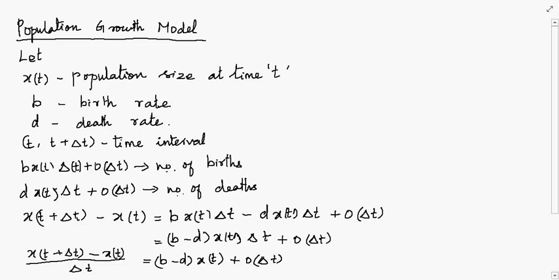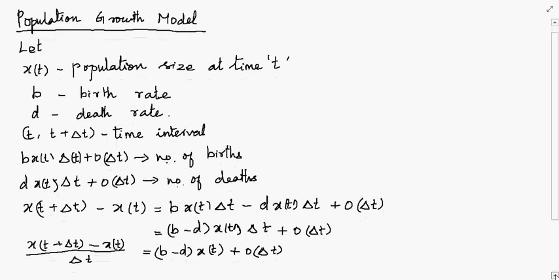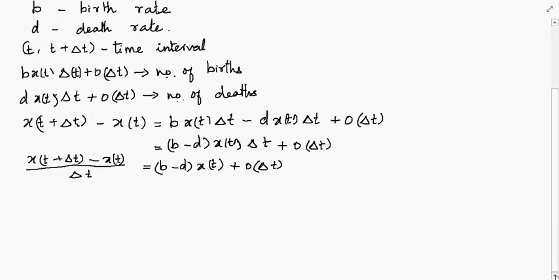Now this b minus d is nothing but a constant, so we replace it by a, hence this right hand side will become a into x of t plus order of delta t.